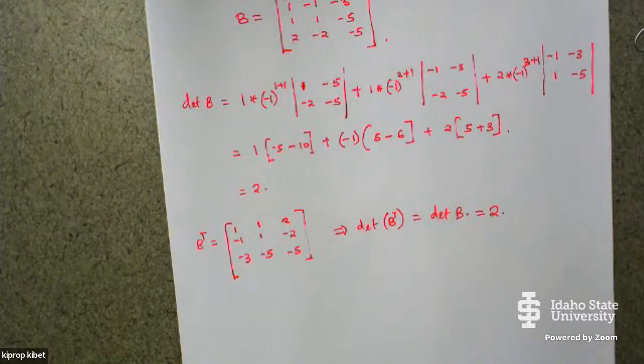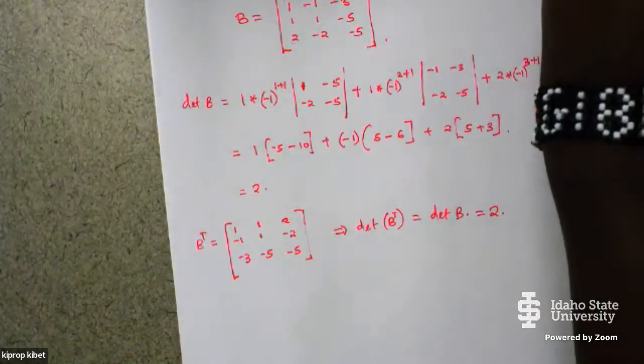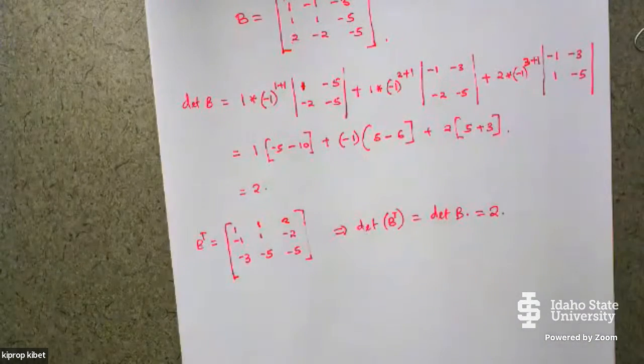Since you can use the first row here, and in the first one we used the first column, you can come and use that also. You will still get the same determinant. Does it matter whether we use a row or a column? No, it doesn't matter.